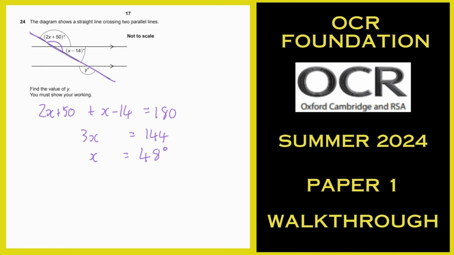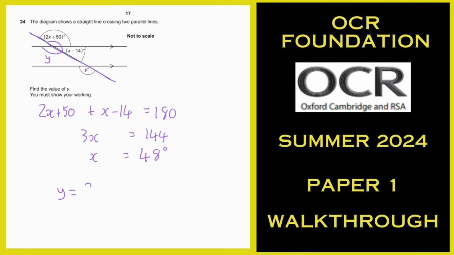X is 48 degrees, but it doesn't say find x, it says find the value of y. As you can see, there's lots of ways of doing this. You could go, oh, y is corresponding. So that's y as well. When we've got y is opposite to the 2x plus 50, so they are equal. That'll do.